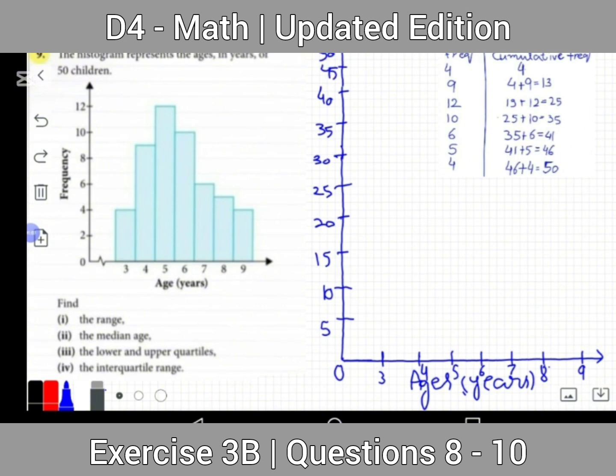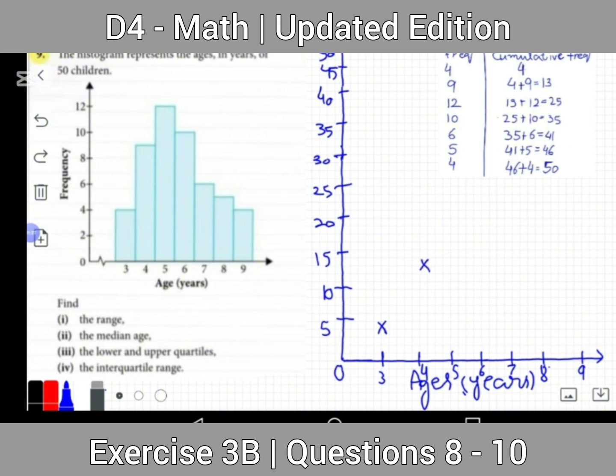Now for the class interval 0 to 3 we have a cumulative frequency of 4, so it will lie somewhere here. For the class interval 3 to 4 we have the cumulative frequency 13, so it will lie somewhere here.